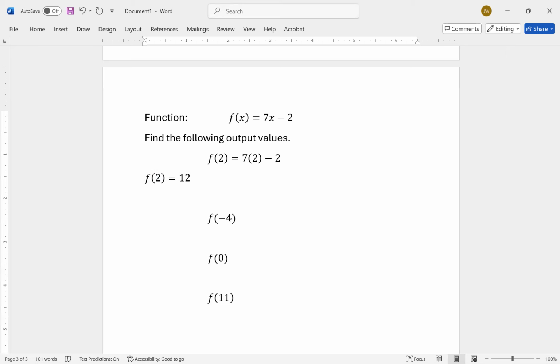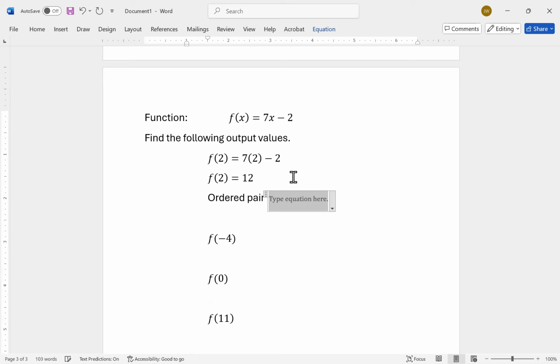So f of 2 is equal to 12. And that means the ordered pair (2, 12) is a part of this relation. I could graph (2, 12) and see where that is in my Cartesian coordinate plane.